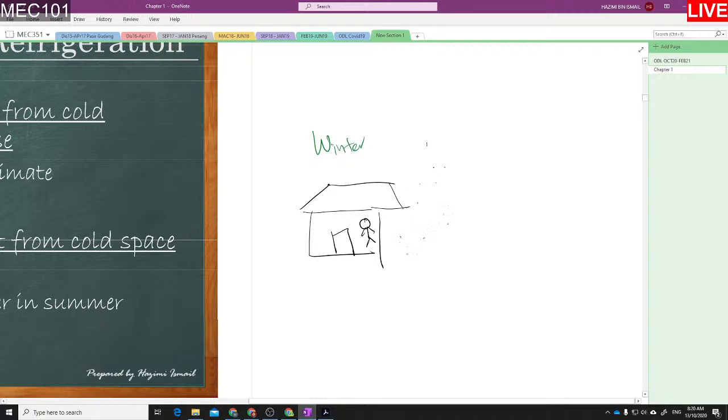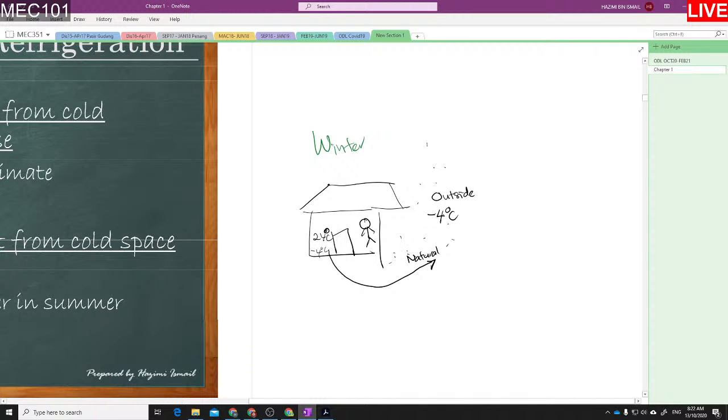I put a snowdrop here, or 0 degrees. Let's say for example -4 degrees Celsius outside, and inside your house 24 degrees, which is the most thermally comfortable. So naturally, heat goes from high to low, from your house to the surrounding outside, and the temperature in the house will reduce from 24 to maybe around -4.